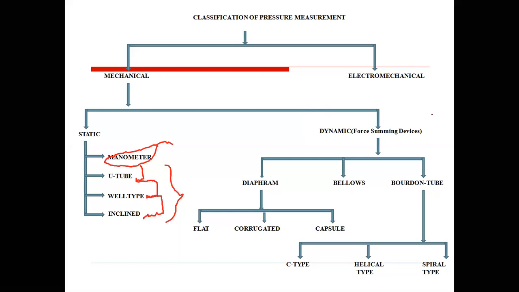When pressure is not applied at either end of the U-tube, the level will be similar, and we do not get any height difference depending on applied pressure, because pressure is not applied to the manometer.